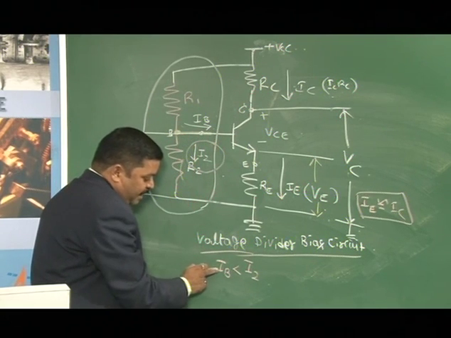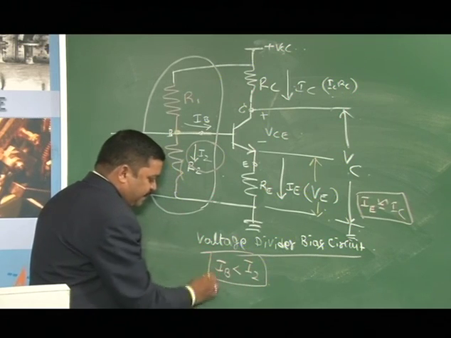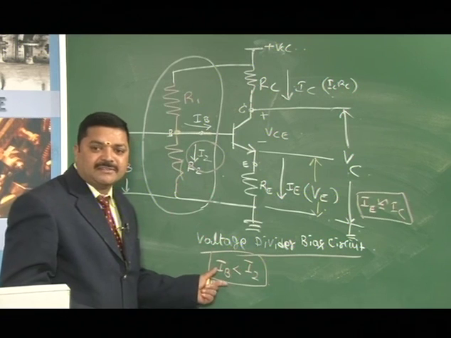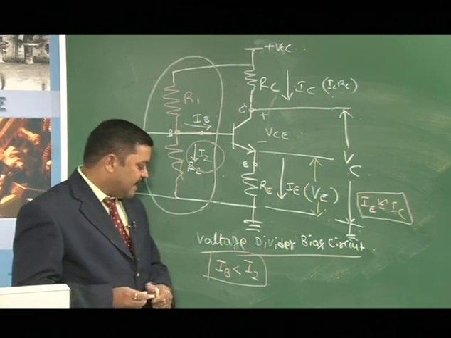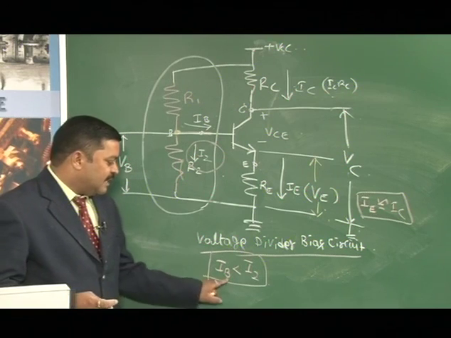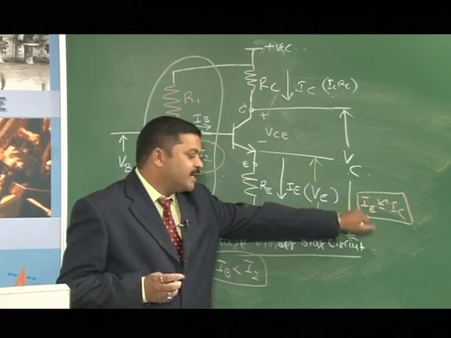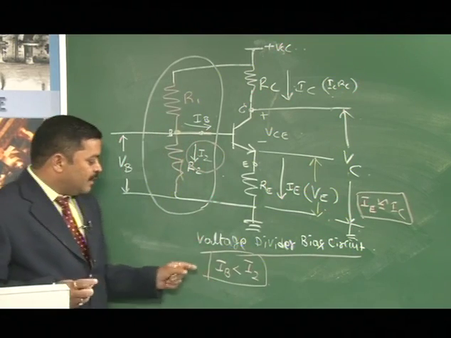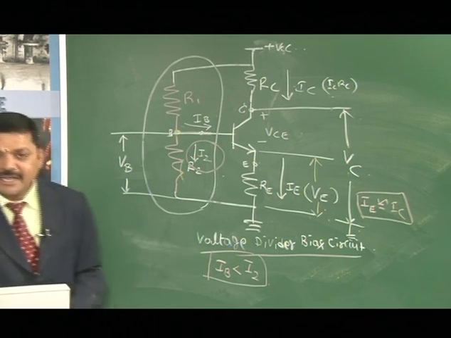When IB is less than I2, then we will be going for the approximate analysis, and that will be correct only, right? So IB less than I2, one condition. The other condition is we will approximate IC is equal to IE or vice versa. Only in such a case can we go for the approximate analysis.